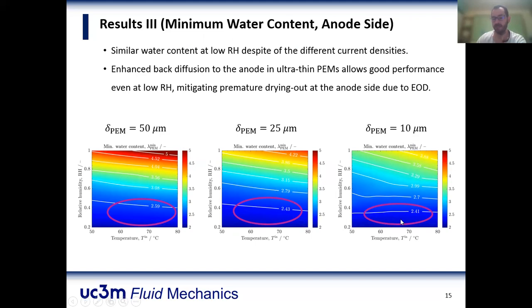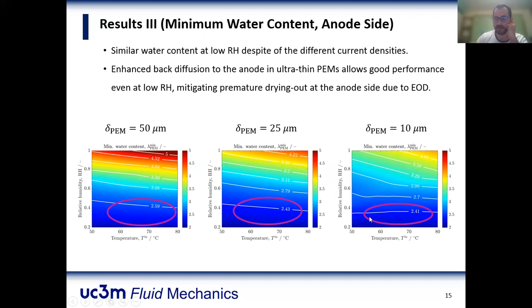This is because we have enhanced back diffusion to the anode. Typically, we have a dry out from the anode, and the use of ultra thin membranes has this coupled effect of enhancing back diffusion.